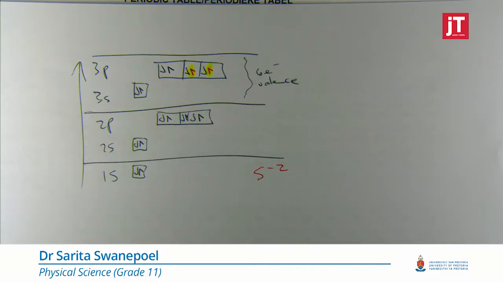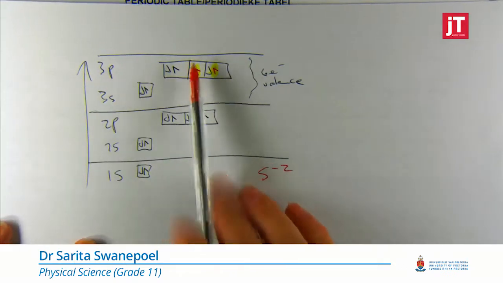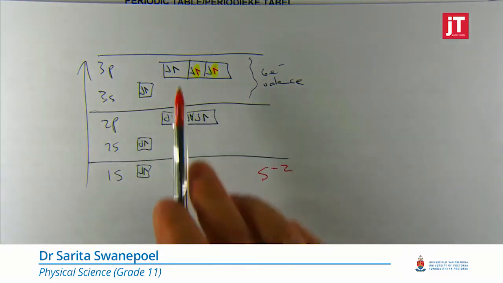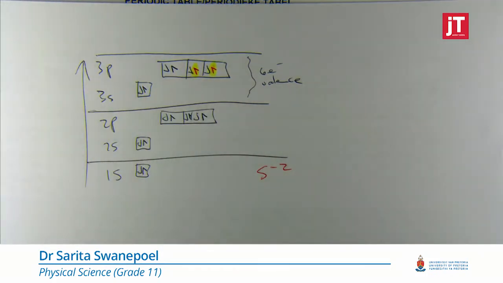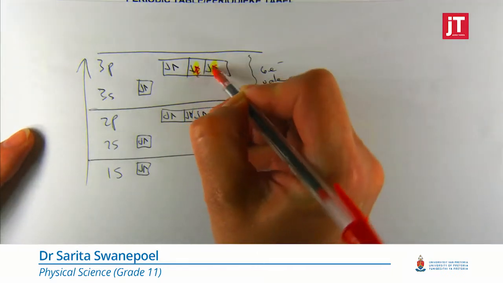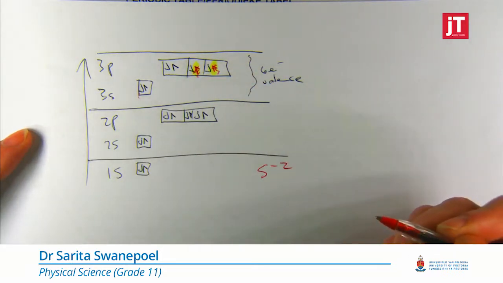But sometimes it takes the long route. Sometimes instead of getting 2 more, what can it do? It can take all 6 in the outer energy level and give them away. Instead of getting 2 more, it's going to give away all 6 in the outer energy level.